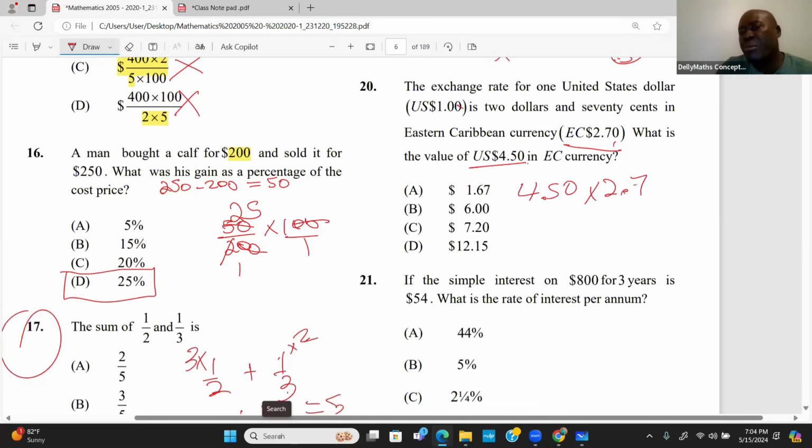But you're not really going to multiply it, because you could see that it can't be this, it can't be this, it can't be this. So it must be this. Process of elimination is very crucial, because if I'm going to multiply 4 point something times 2 point something, your answer is way over 8, because 4 2s is 8, and this is bigger than 4, bigger than 2. So your answer is bigger than 8.